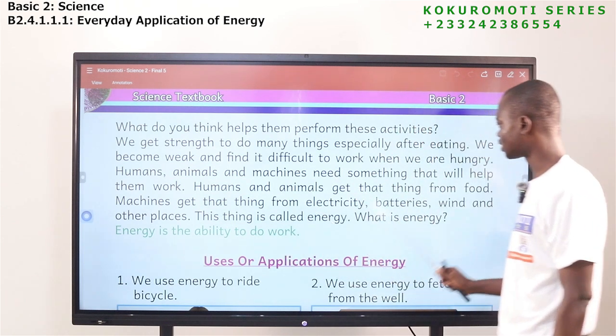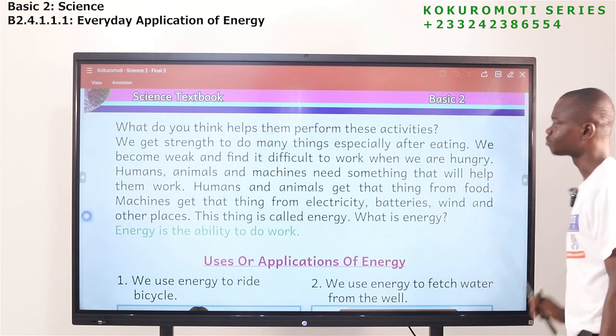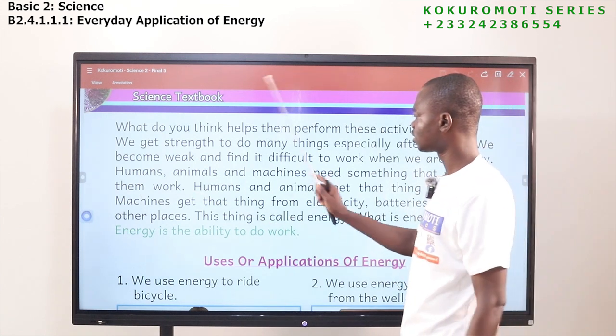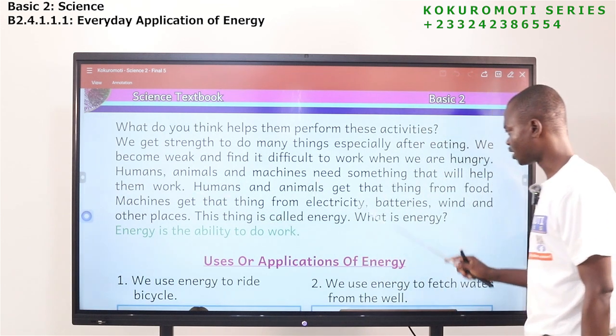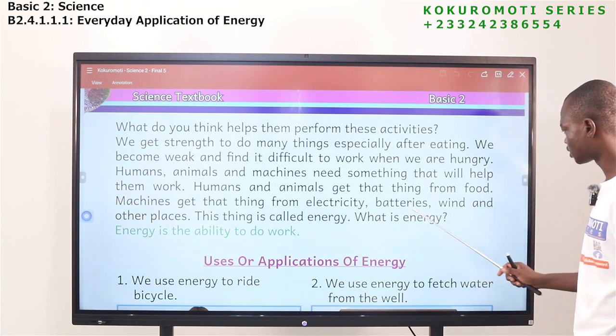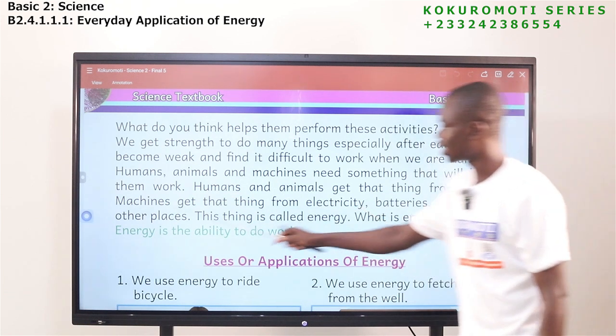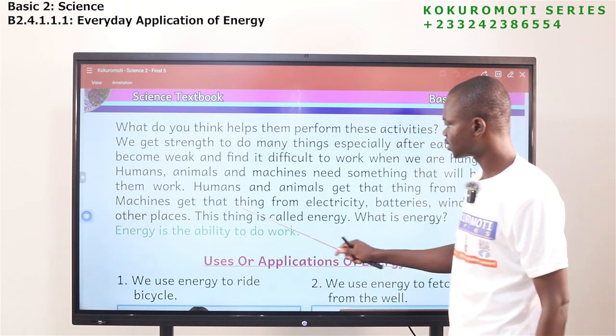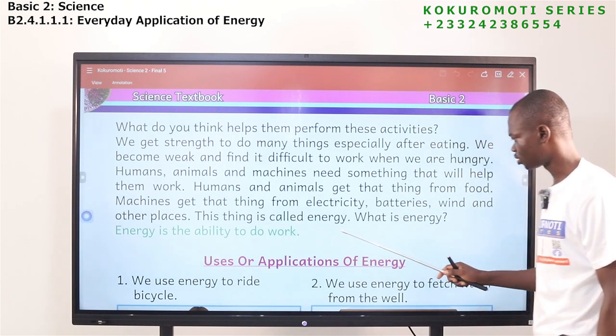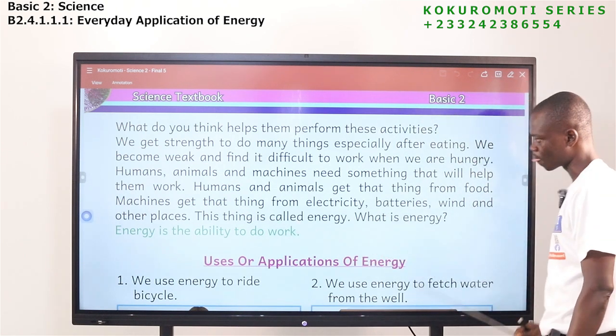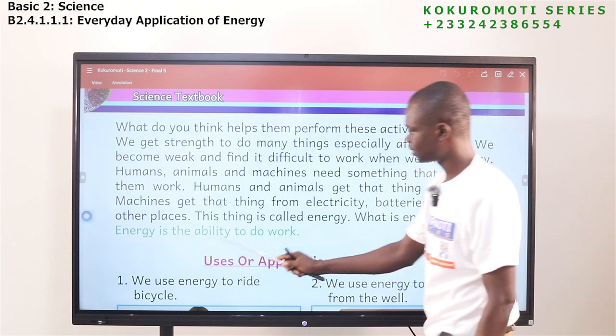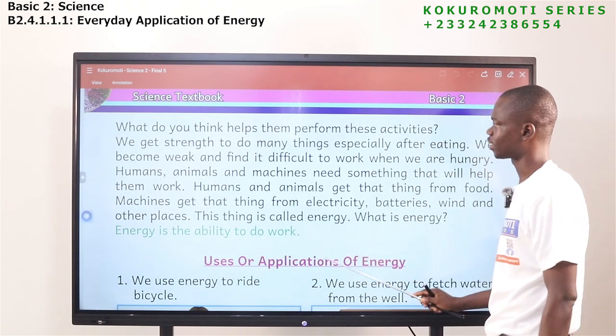Humans and animals get that thing from food. Machines get that thing from electricity, batteries, wind, and other places. This thing is called energy. What is energy? Energy is the ability to do work.